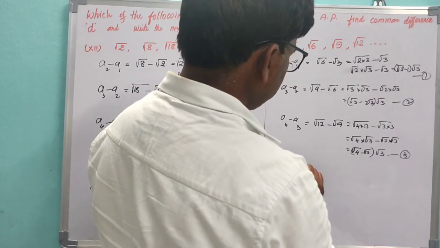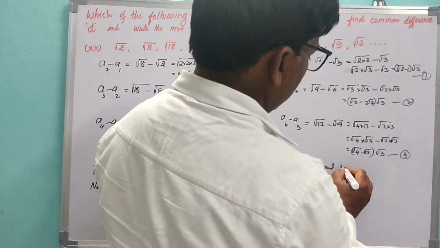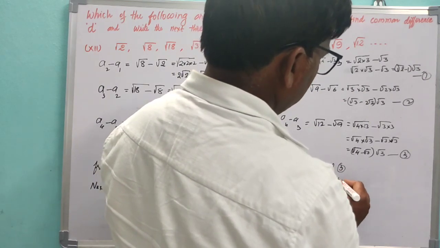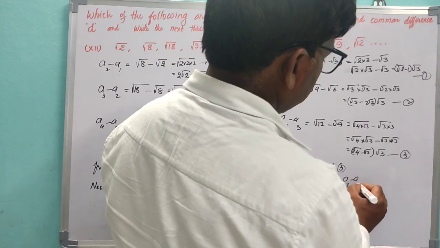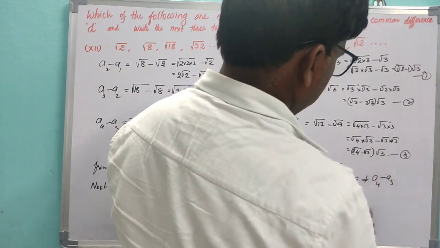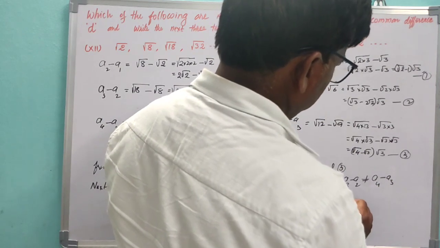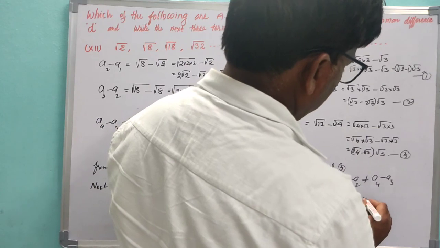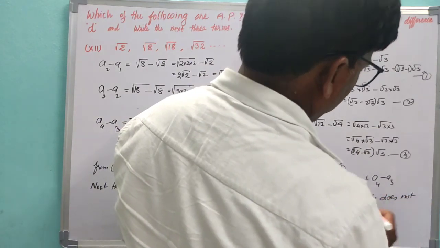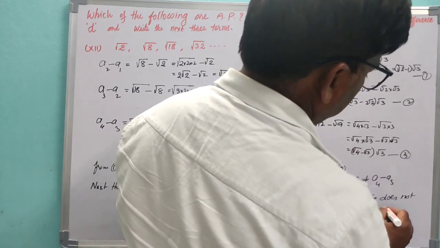So from 1, 2 and 3, a2 minus a1 is not equal to a3 minus a2, and it is also not equal to a4 minus a3. Therefore the given series does not form an arithmetic progression.